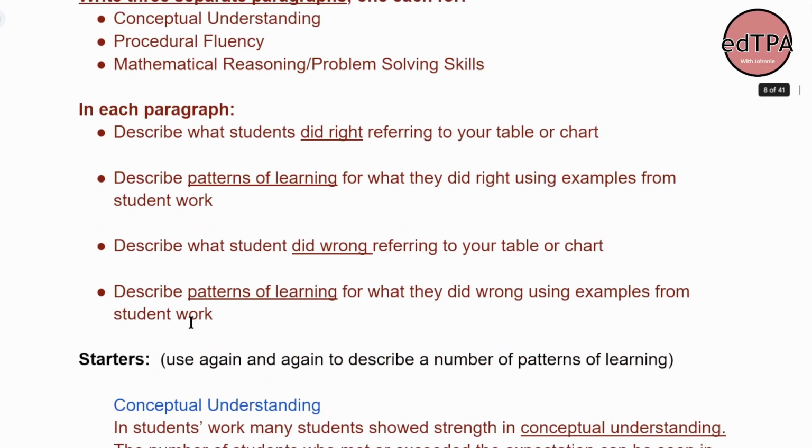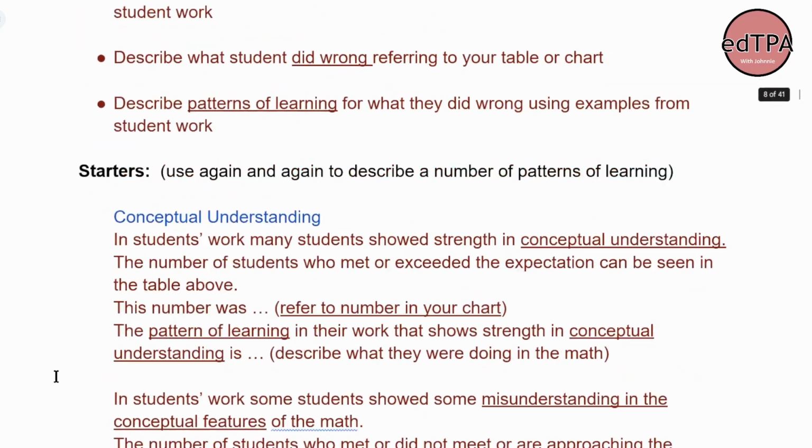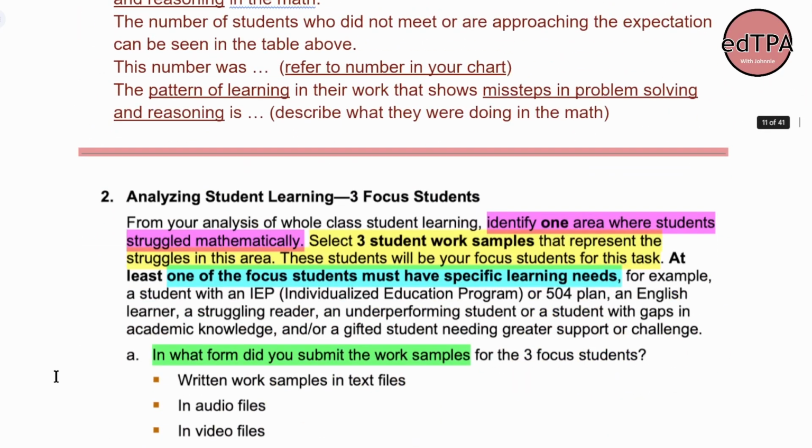And if we go back up to the prompt, remember, we want examples from the summary chart, so we're talking about what we see in our chart, talking about patterns of learning, relative to conceptual, procedural fluency, and mathematical reasoning. And I pushed you to write about what they got right and wrong because that shows up in the rubric. Okay, let's go to the next prompt.